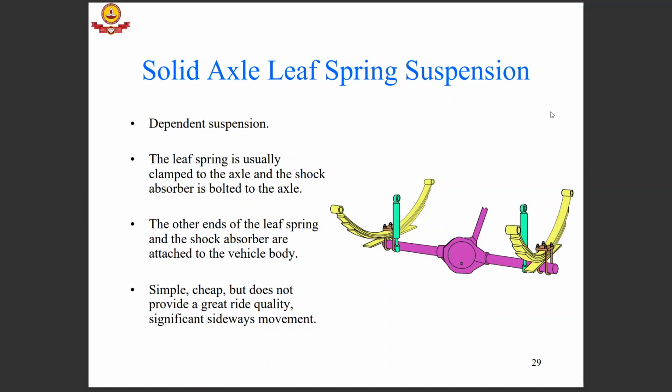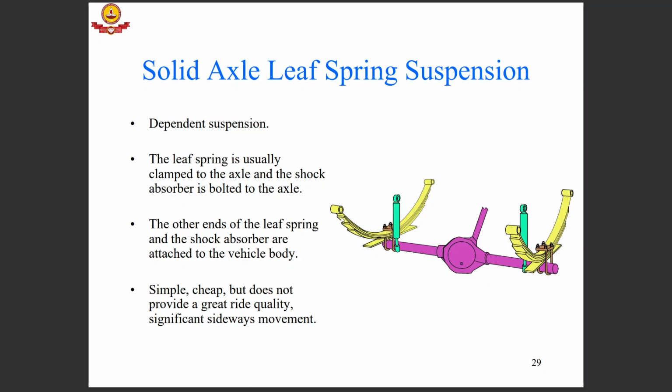So next option is solid axle leaf spring suspension. It is a dependent type of suspension, and the leaf spring is usually clamped to the axle, and the shock absorber is bolted to the axle, right? So you can see the spring here and a shock absorber. This spring, which is not touching these springs, is a secondary spring.